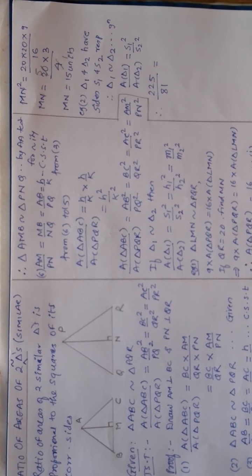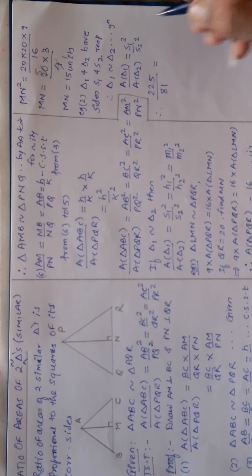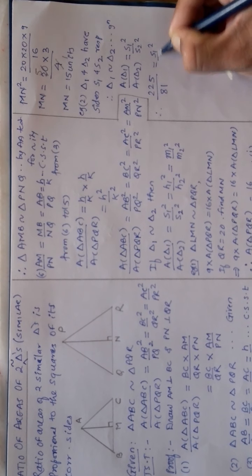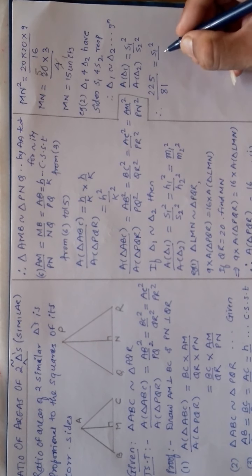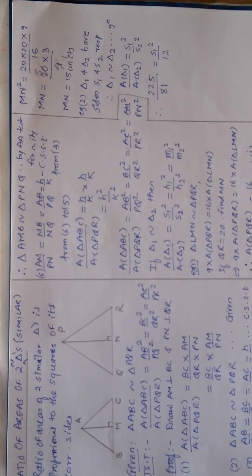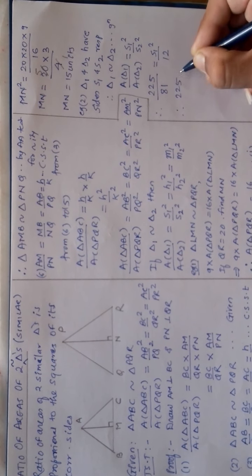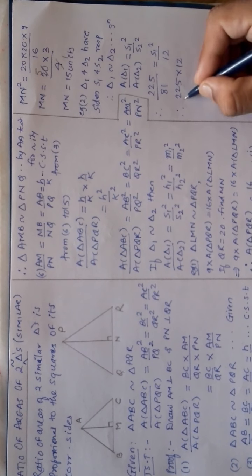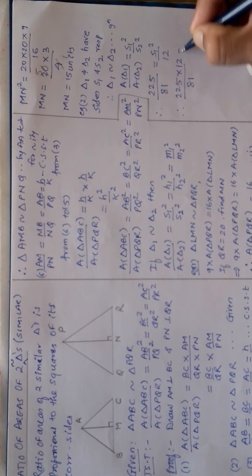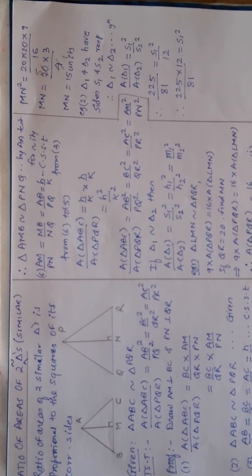So obviously this bigger side you don't know, so this is S1 square and the smaller side is given as 12 centimeters. So obviously you'll get here 225 into 12 square by 81 is your S1 square, right? So I will try to reduce it if it is possible.